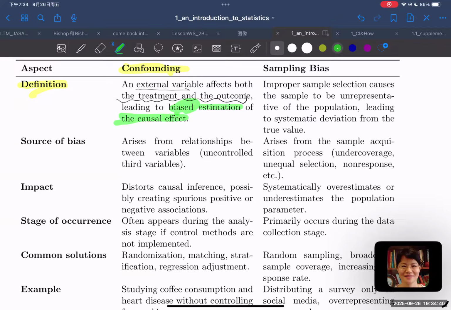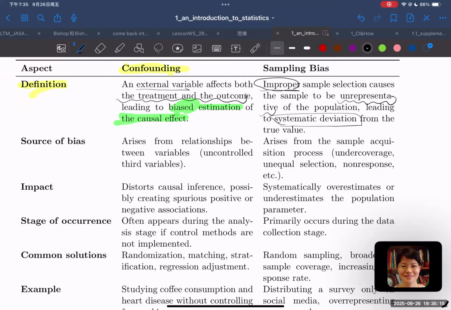So confounders are something people would like to pick out. But sampling bias means improper sample selection. This causes the sample to be unrepresentative of the population. It is the bias from the sampling, right? So this leads to a systematic deviation from the truth. So this is the definition.